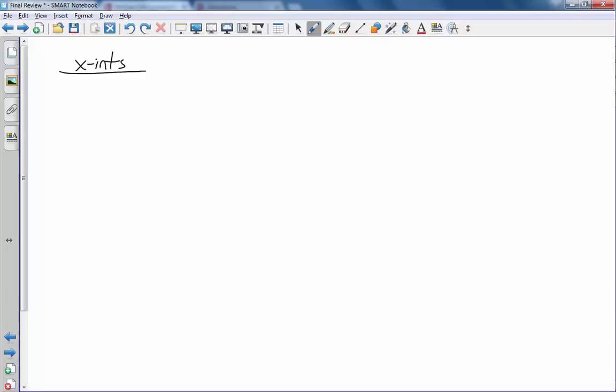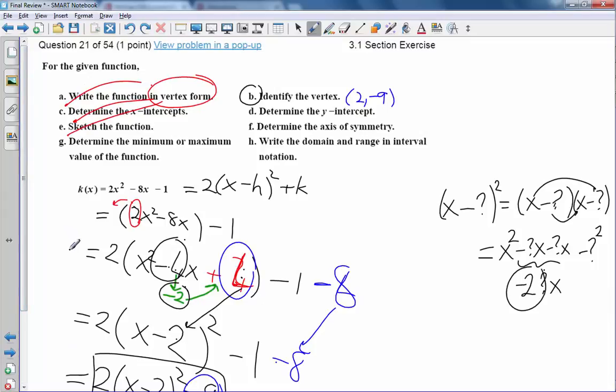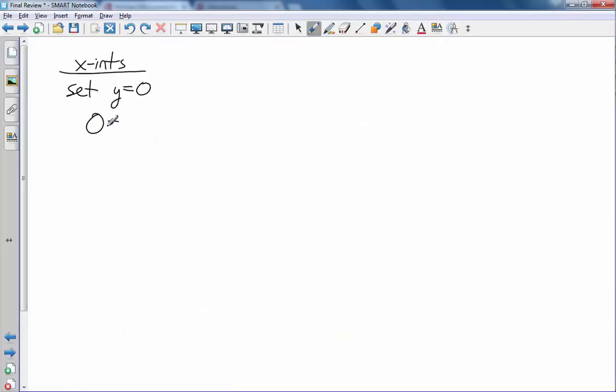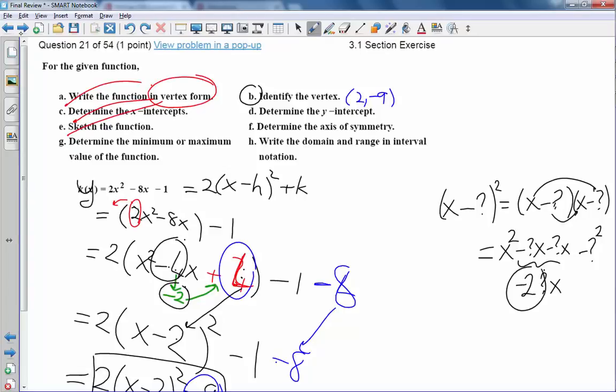Yes, we set the y value to 0 and solve for x values. So what is the y value you're going to set here? This is your y. You can set and solve for 0 here. Solve for x values. So you can set this to 0. What's the last digit? -1, right?